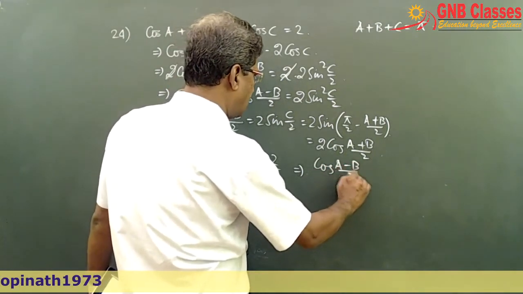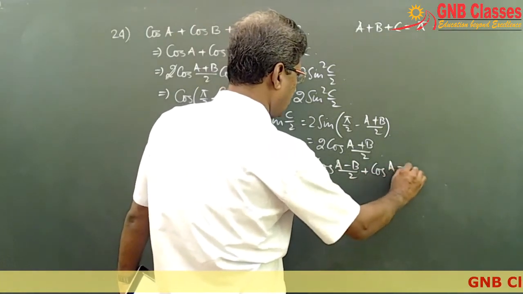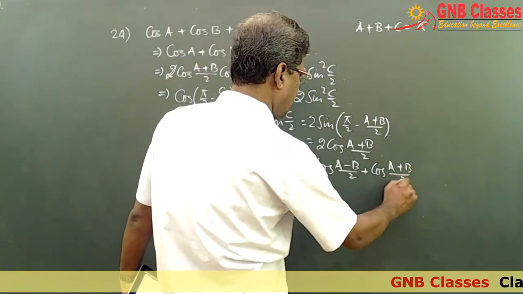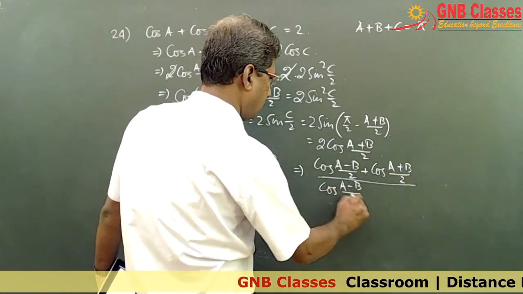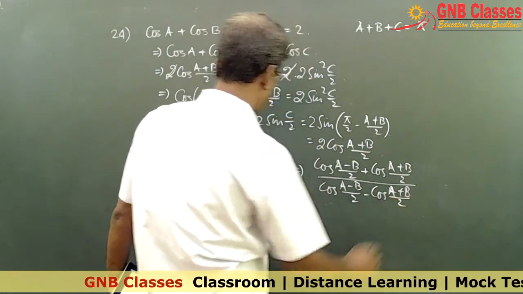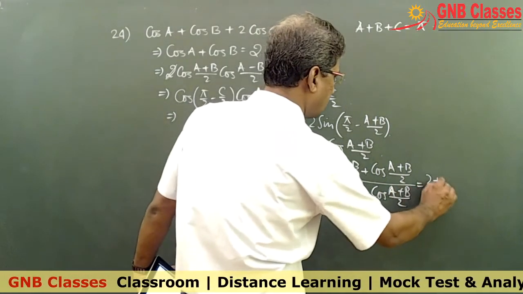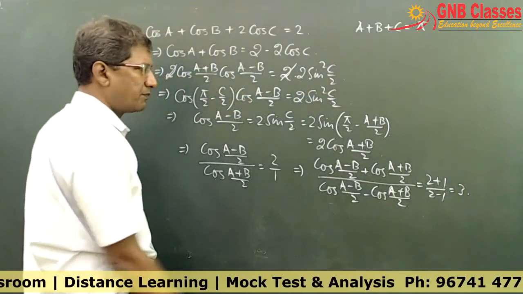Cos (A minus B) by 2, which is equal to, which is nothing but your 3. Is it clear?